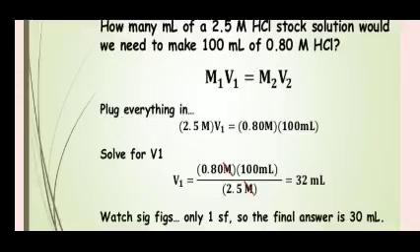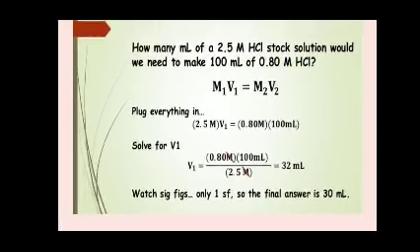So, V1 is equal to 32 mL. 32 mL of 2.5 M HCl dissolved in 100 mL of solution will form 0.8 M.